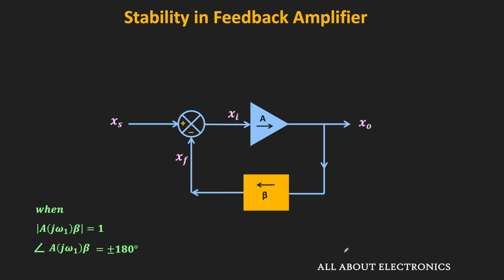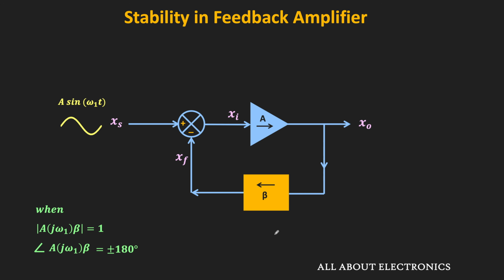The same thing can also be seen from the signal point of view. Let's say this is the input signal to the feedback amplifier, and at some frequency omega 1, the phase shift of the A beta becomes 180 degrees. Or in other words, when this A beta is negative, it means that the open loop gain of this amplifier is negative. Because here we are assuming that this feedback network is a passive network made up of only resistors.